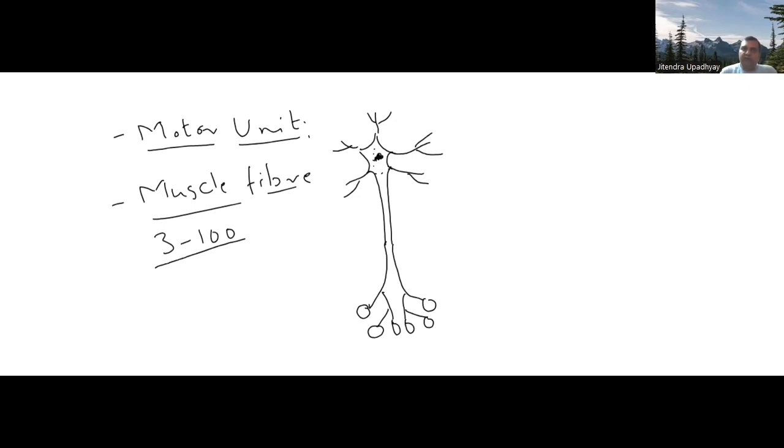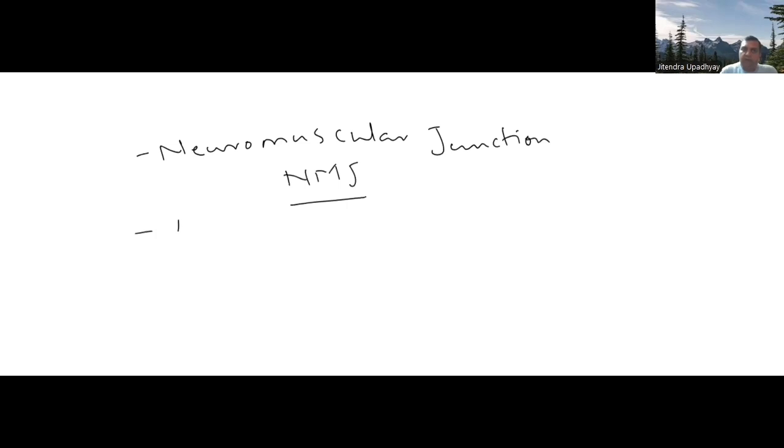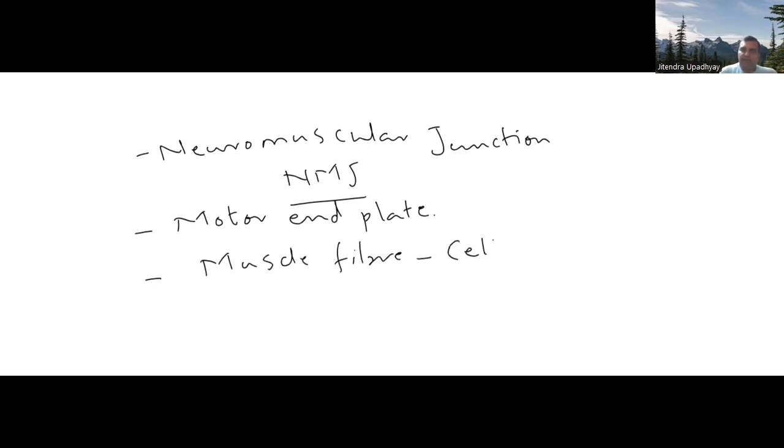Next, you have to understand about the neuromuscular junction, NMJ or the end plate. Right? Neuromuscular junction or the motor end plate. So when this neuron binds with the muscle fiber, muscle fiber is basically the cell of muscle tissue.